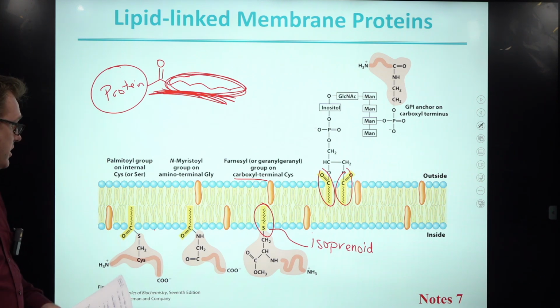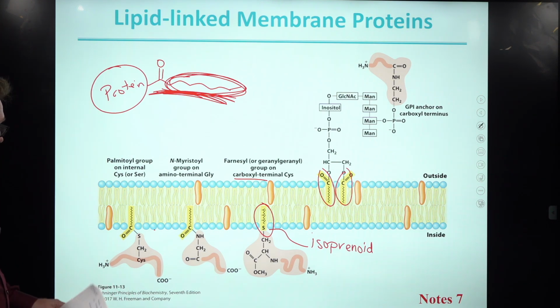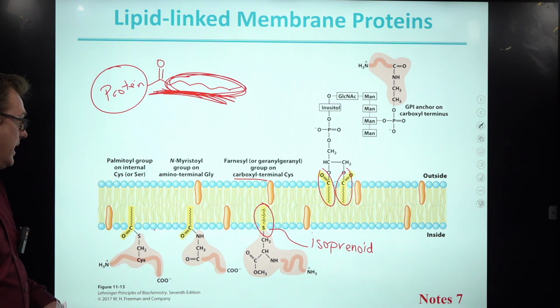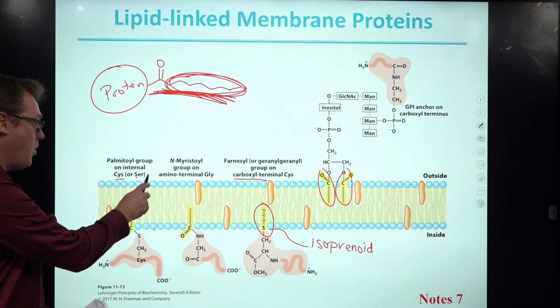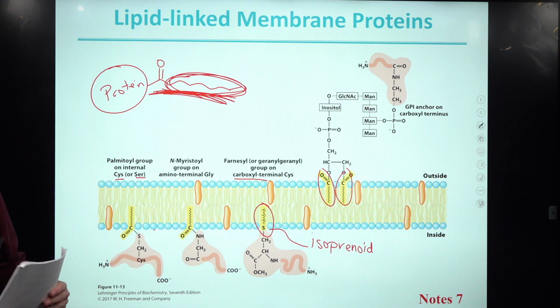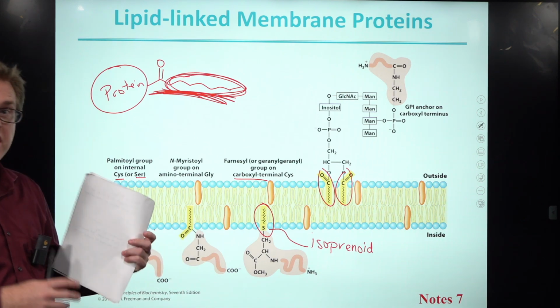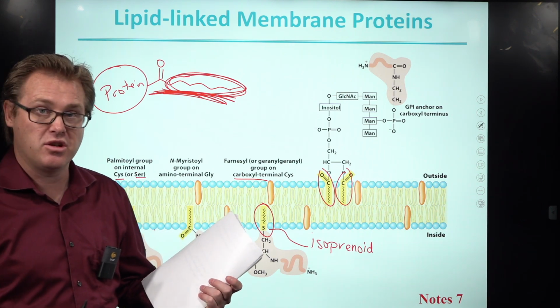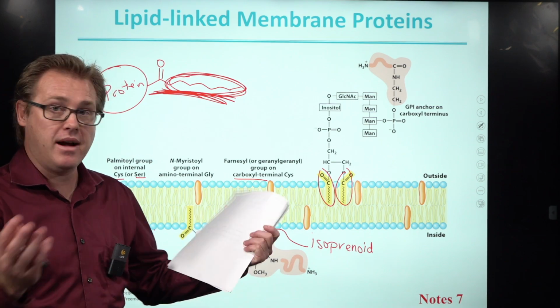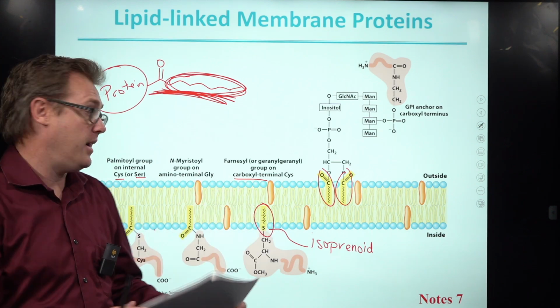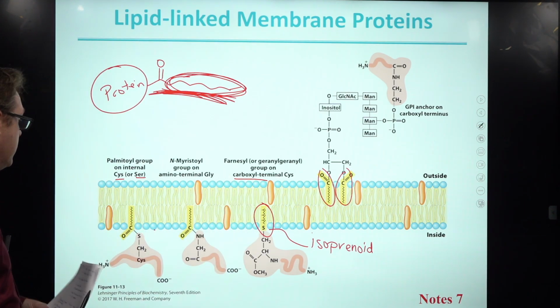Well, the slide's telling us here that we could have any type of protein, and what we're looking for within that protein is a cysteine or a serine, and that is going to be on the internal side of the protein. It's not going to be on the N terminus or the C terminus. It's just going to be smack dab somewhere other than those two spots or the two termini. Okay?